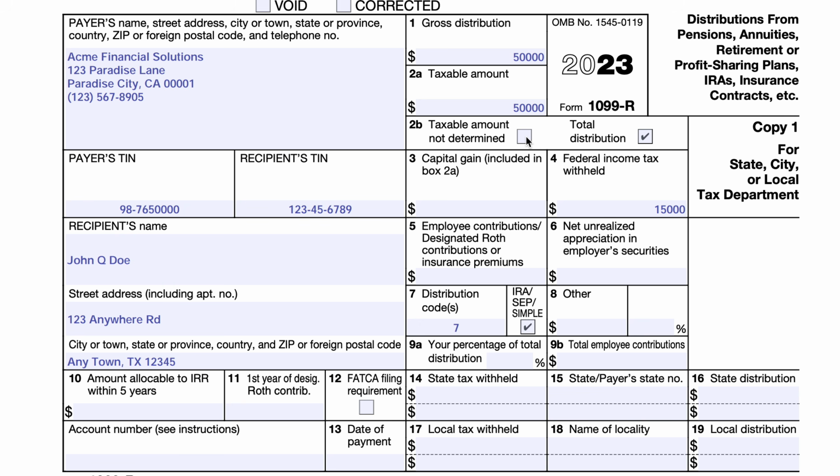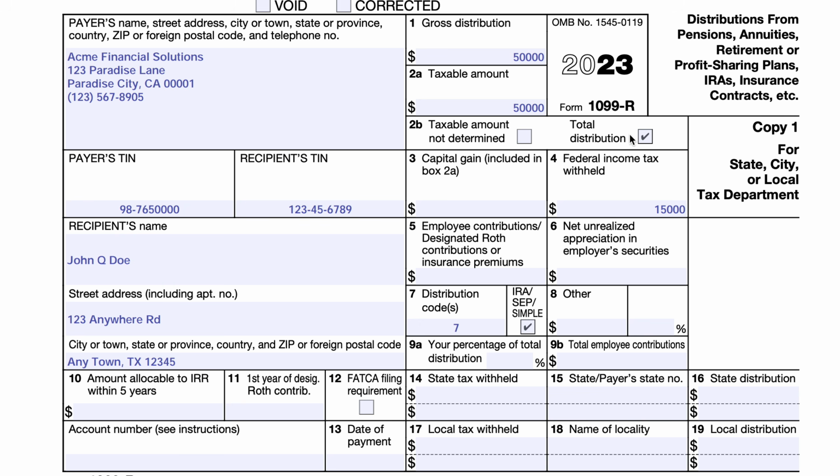They couldn't tell what your intentions are. It may be taxable, it may not be taxable. So if the box 2B amount not determined is checked, then that means you basically have to determine that based on your interpretation of the tax rules, or probably more correctly, your accountant will.